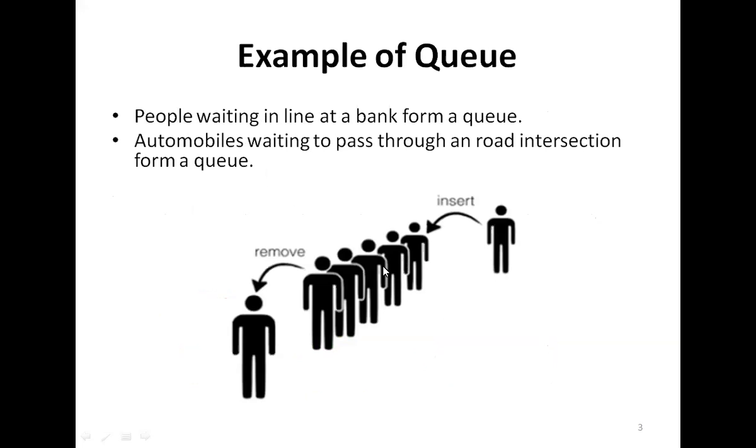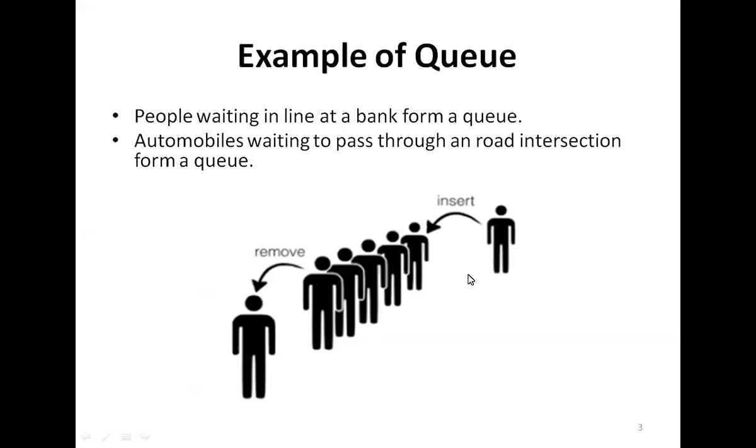You can see in this diagram, this is one of the examples of a queue. You can see persons are standing in a queue. This is the first person, this is the second person, third person, fourth person, fifth person, like this. And if any new person is coming, then they will have to stand here at the end. And this end is known as rear. Rear is always pointing to the back end, and front is pointing to the front end.